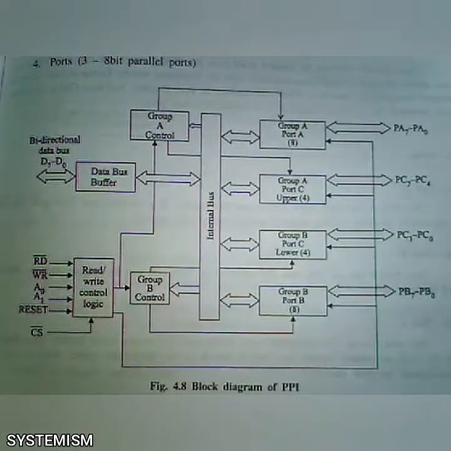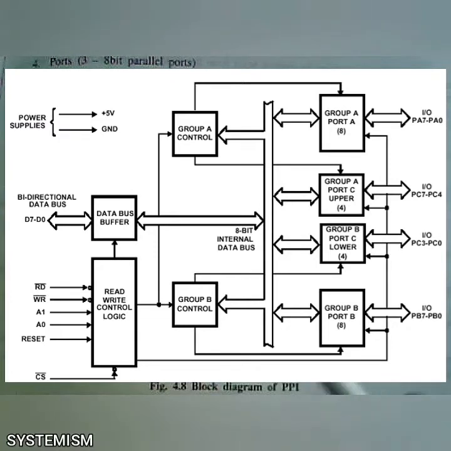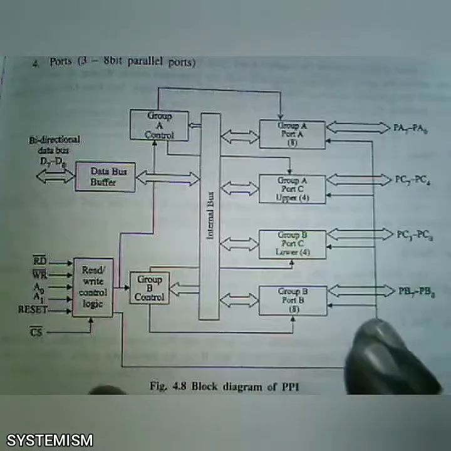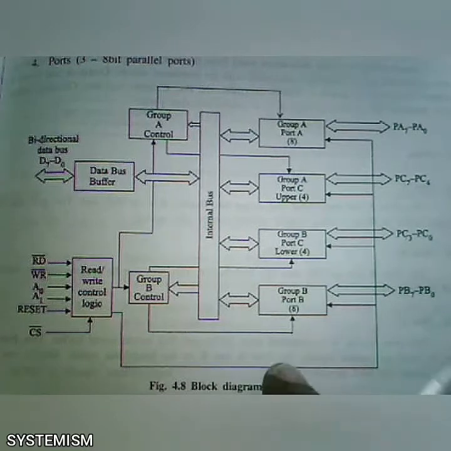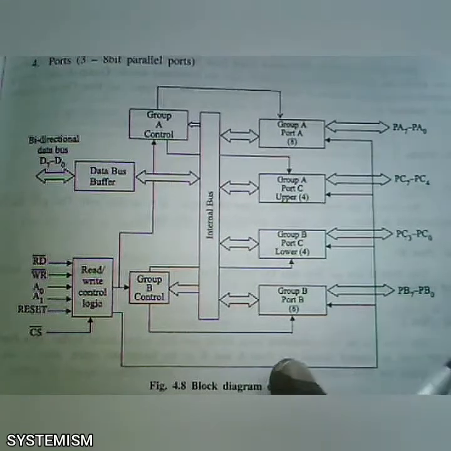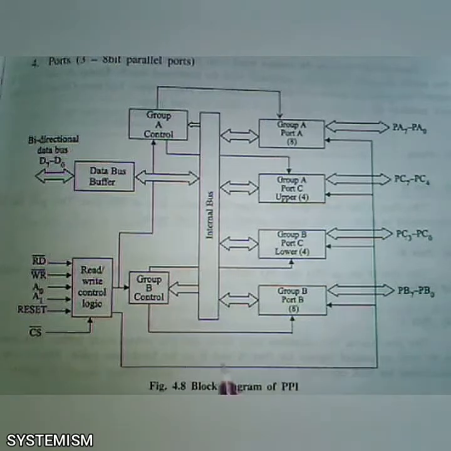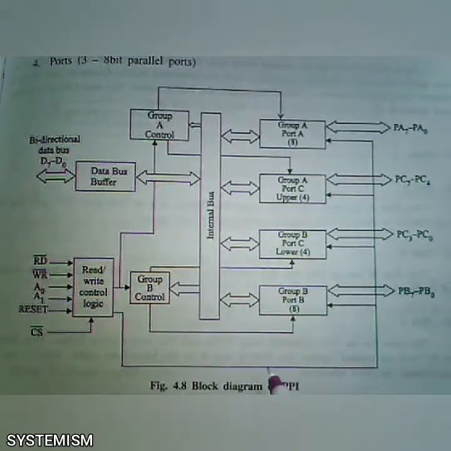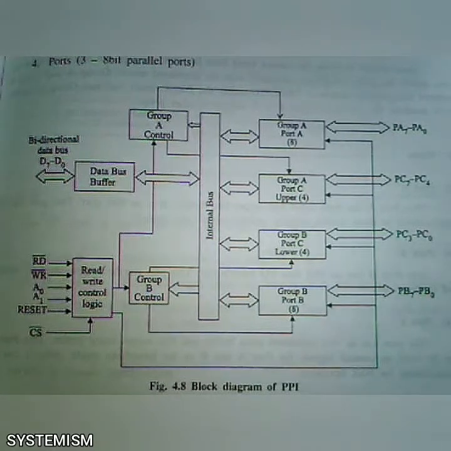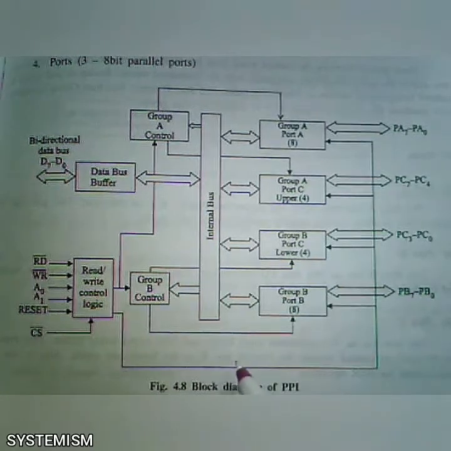You need to know about the 8255 in detail. There are 2 different modes in which we can operate the 8255. This is the main starting point of the 8255. The 2 different modes are called BSR mode and IO mode.